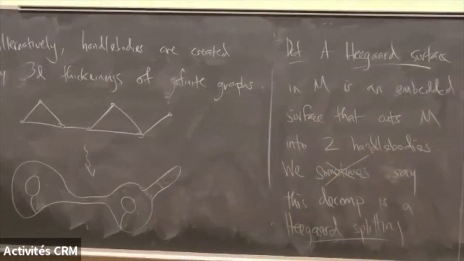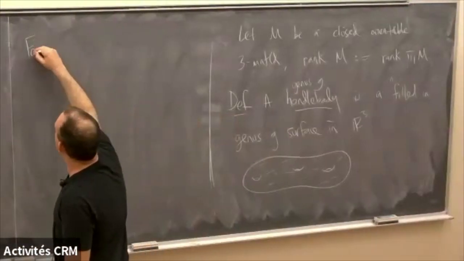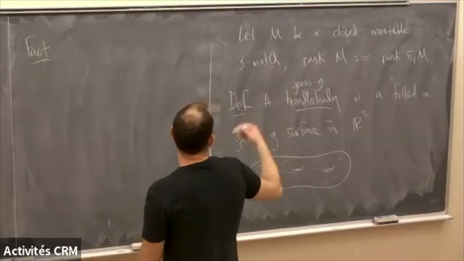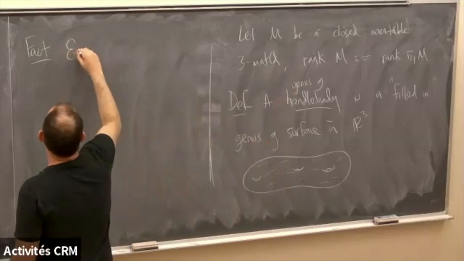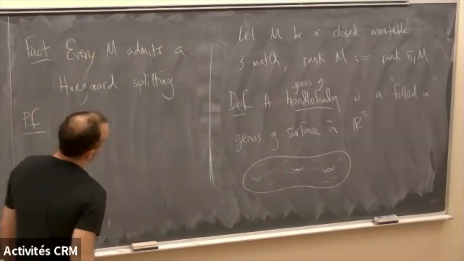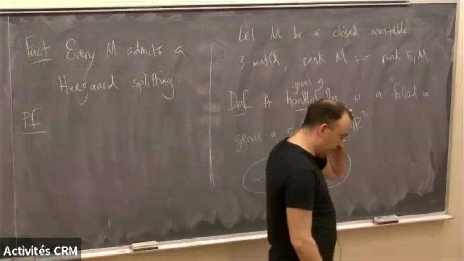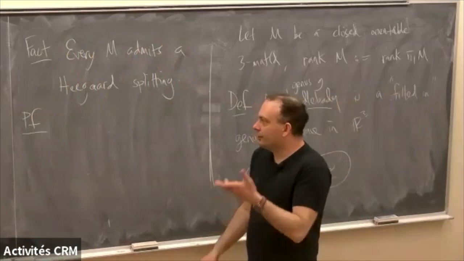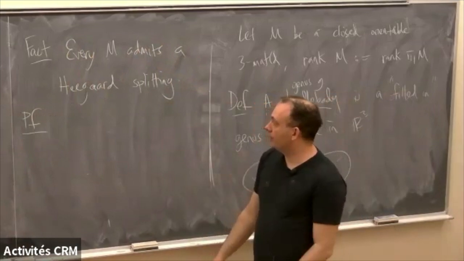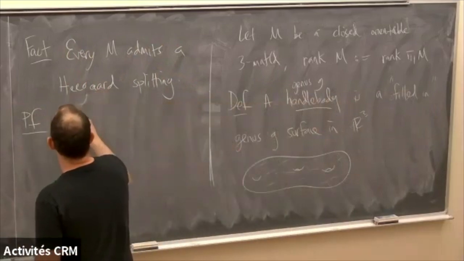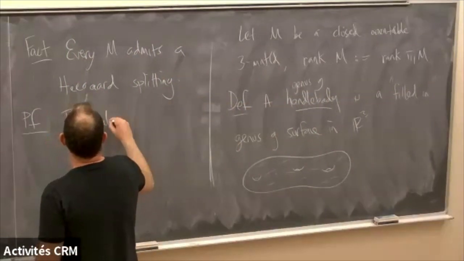There's this basic fact of 3 manifold topology, which is that every M as above admits a Heegaard splitting. You can prove this in many ways. The easiest way, maybe from first principles, is via Morse theory. But if you're willing to accept that M admits a triangulation, then you can visualize a Heegaard splitting.